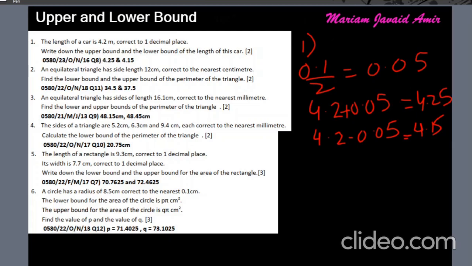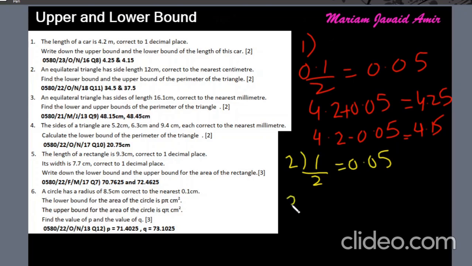Question 2. An equilateral triangle has side of length 12 centimeters, correct to the nearest centimeter. Now nearest centimeter means nearest 1 centimeter, divided by 2, we get 0.5. Now find the lower bound and the upper bound for the perimeter of the triangle.